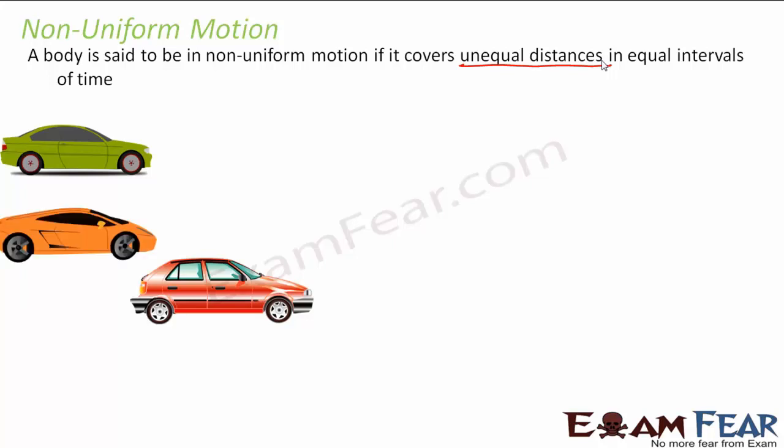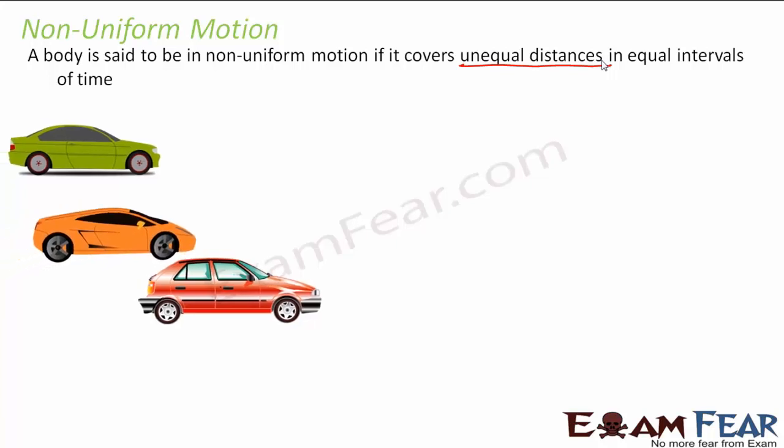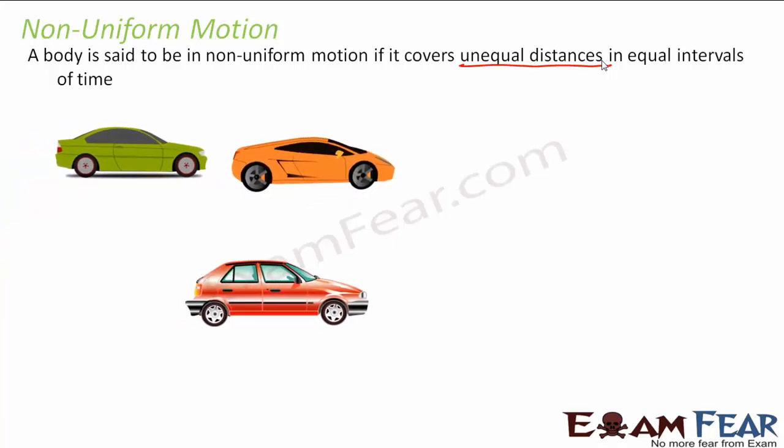The best example for this is, let us suppose this orange car is your car and it is moving in traffic. Here you can see that there are two other cars just beside this car. So somehow it has to escape through the space between the two cars. Therefore the speed of this car will be slow at this position.